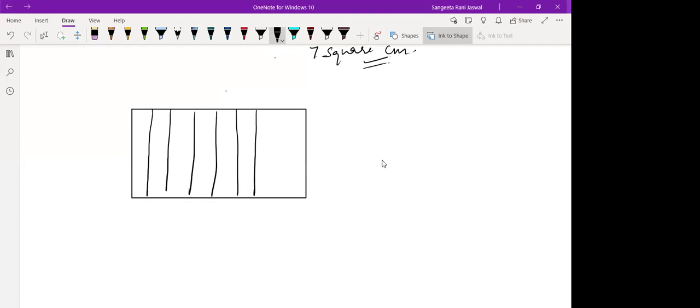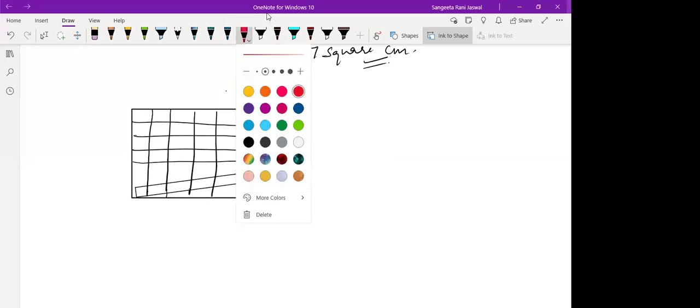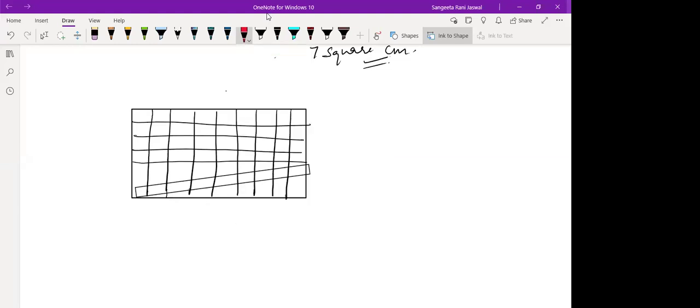Okay, so consider one box as one square. I'm just making this like this. I'm taking this as a flower.